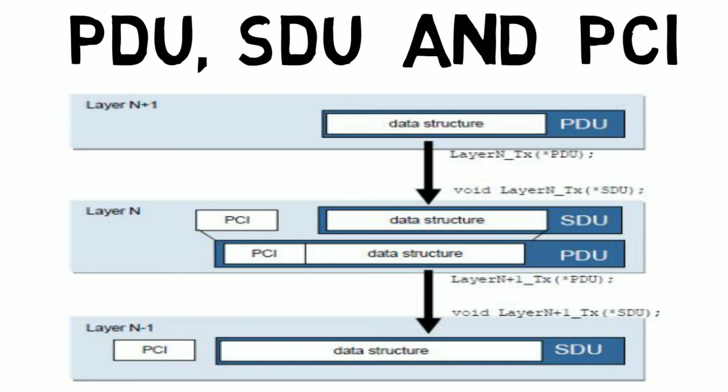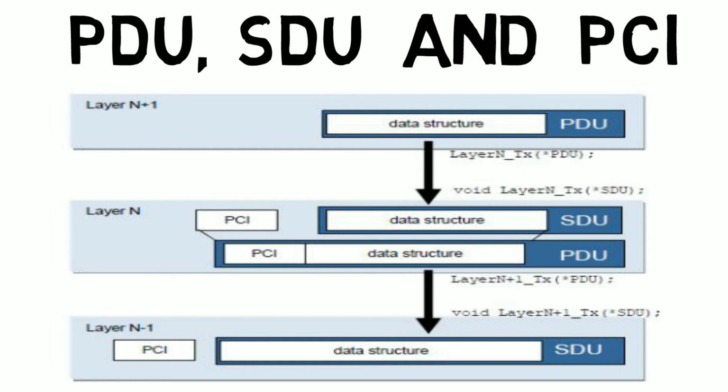Once the combined SDU and PCI comes out of the COM module, it is called the I-PDU. Once the signal comes inside the COM module, it is called SDU, and the header is added as PCI. Together we call it PDU.